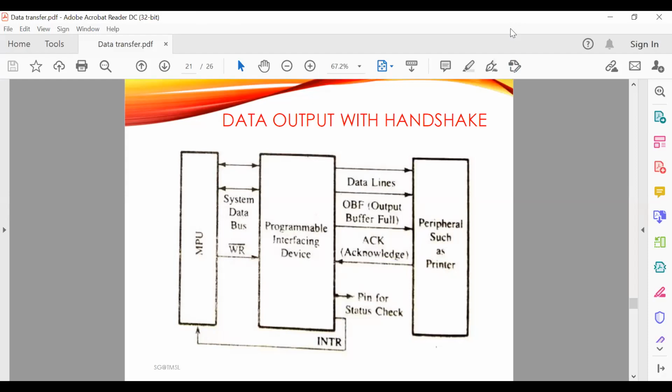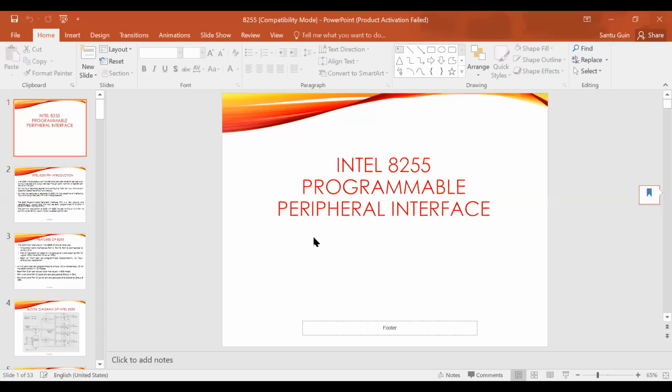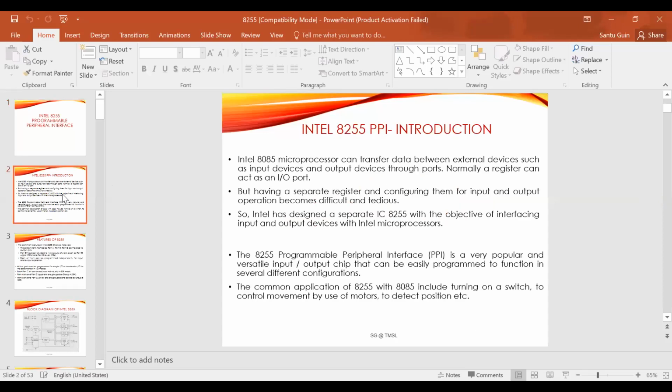Then proceed to the next topic, which is 8255 PPI, programmable peripheral interface. This is very important in every microprocessor, because that is the device you always need to use in your interfacing program.